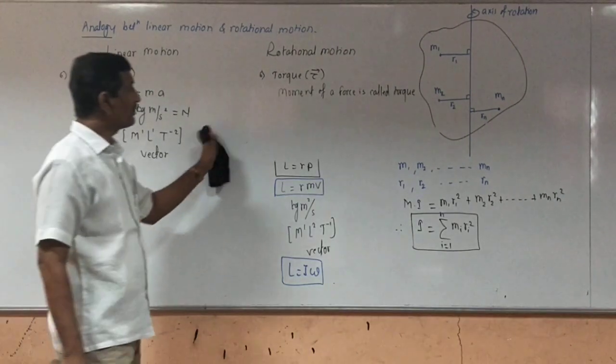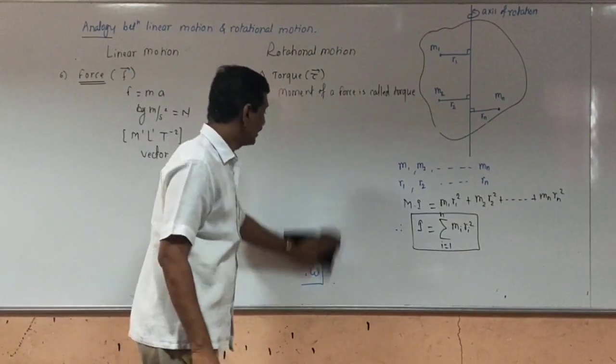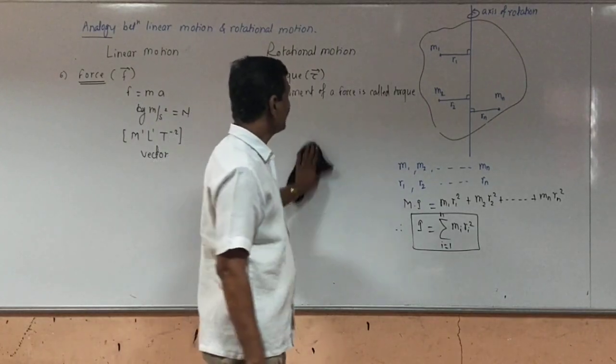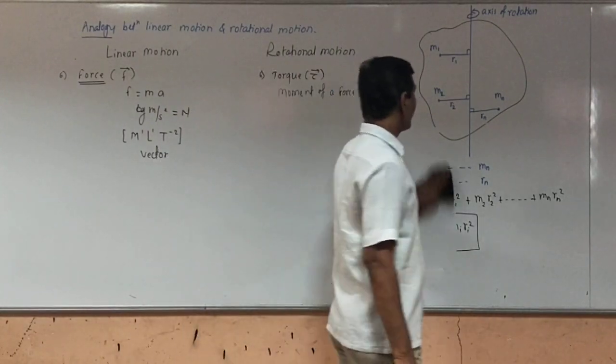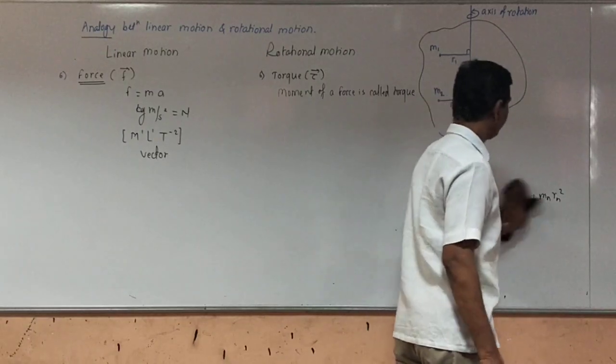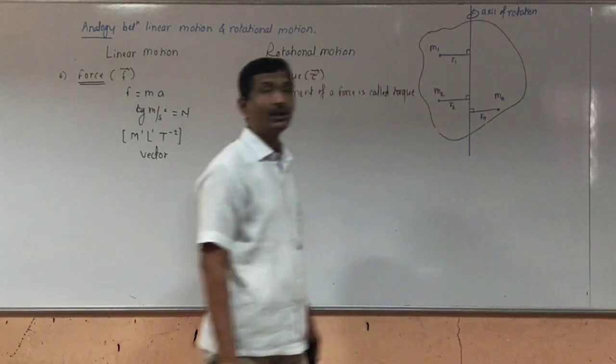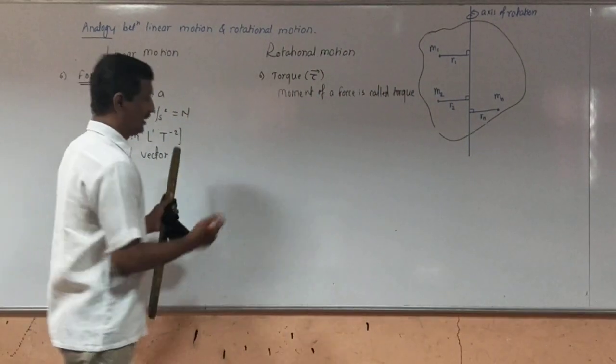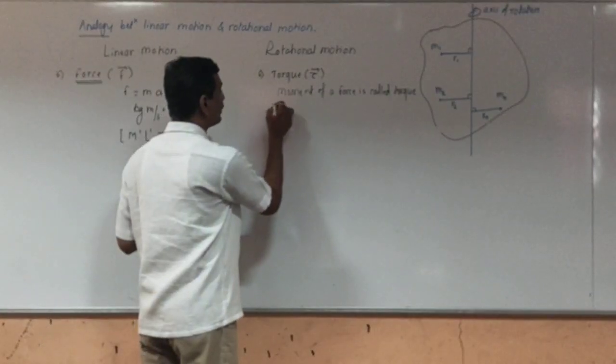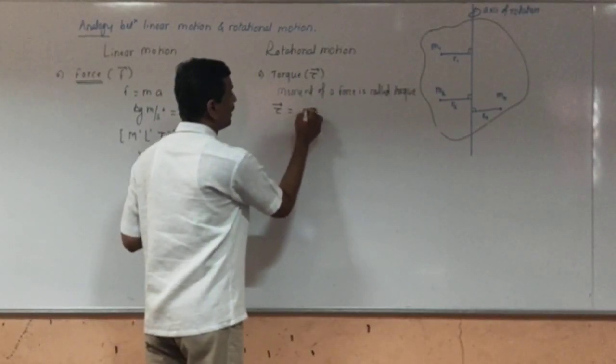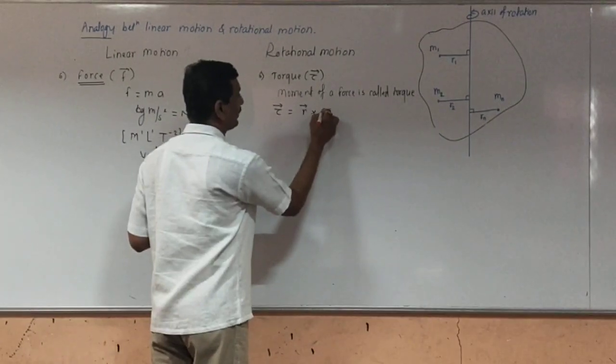Therefore, τ bar is equal to R bar cross F bar.